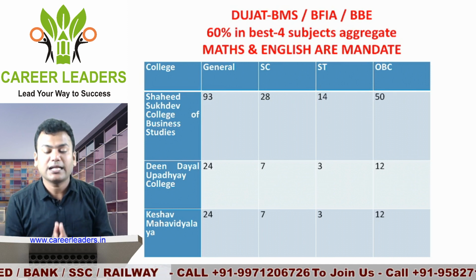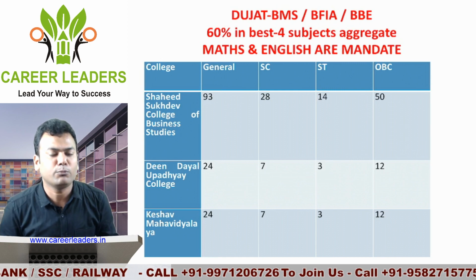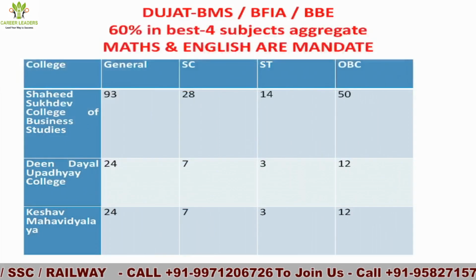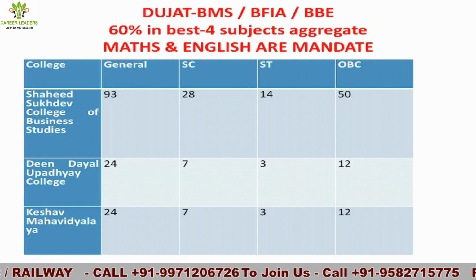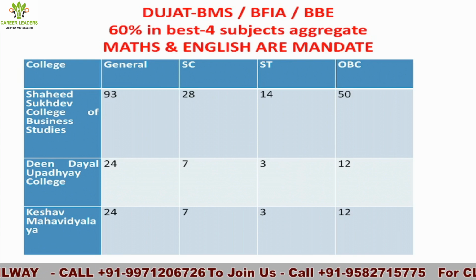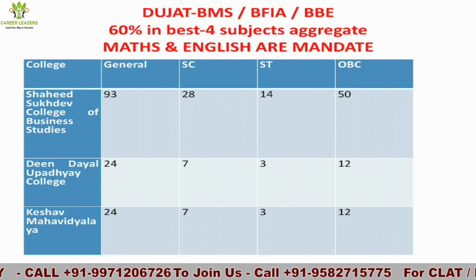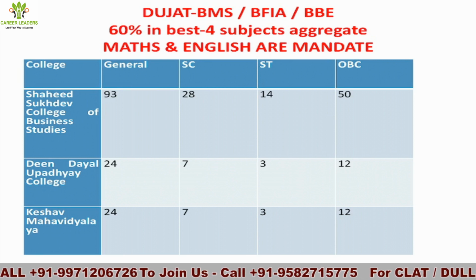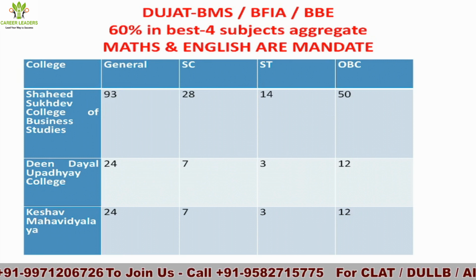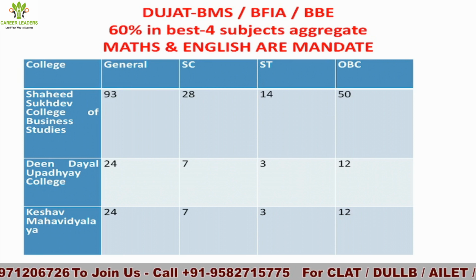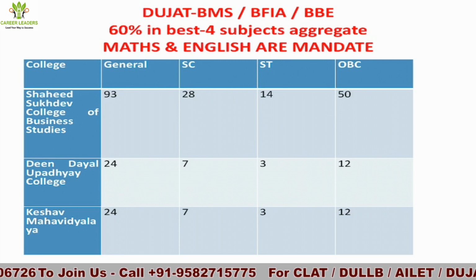Let me repeat, Delhi University is the prime target for most kids across North India. Under Delhi University, there is an entrance examination called DUJAT. Under DUJAT, the Delhi University Joint Admission Test, there are 3 courses: BMS, BFIA and BBA.